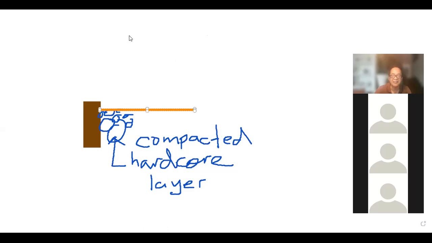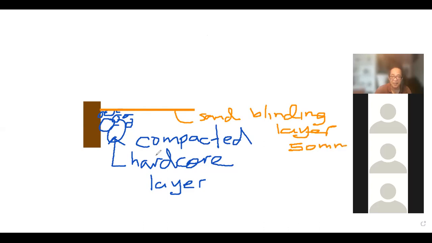This is called the sand blinding. The compacted hardcore is usually about maybe 100 to 150 mm, up to maybe about 300 mm thick, for the compacted hardcore layer. And then we have a sand blinding layer.